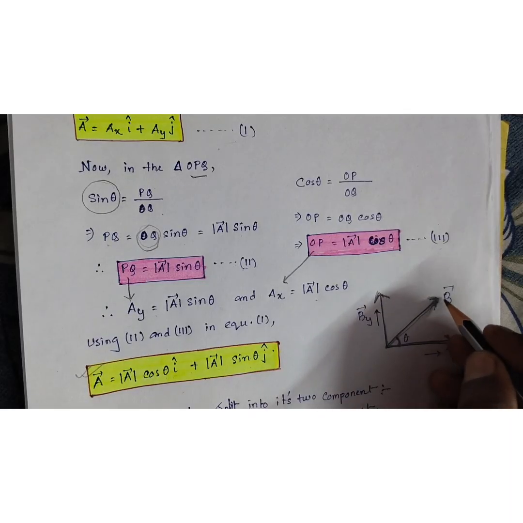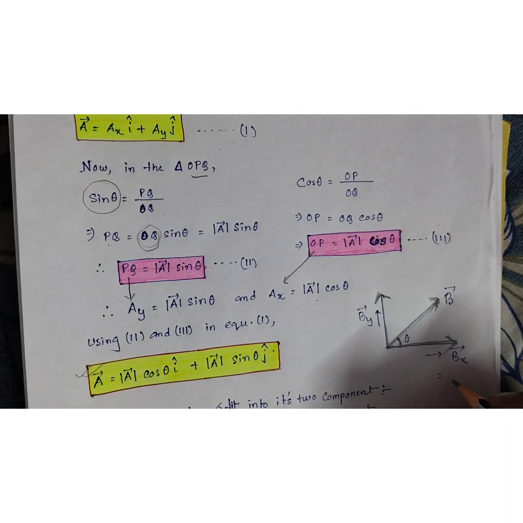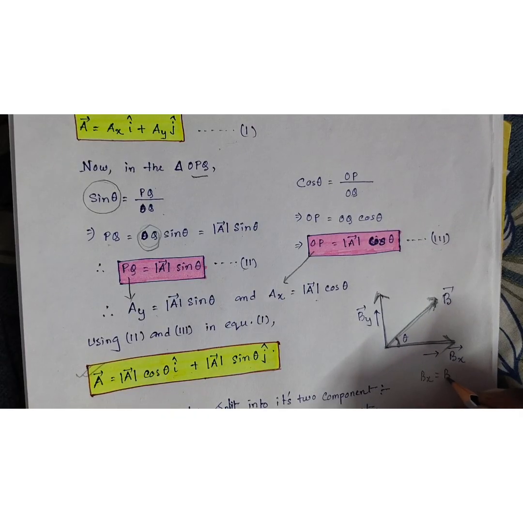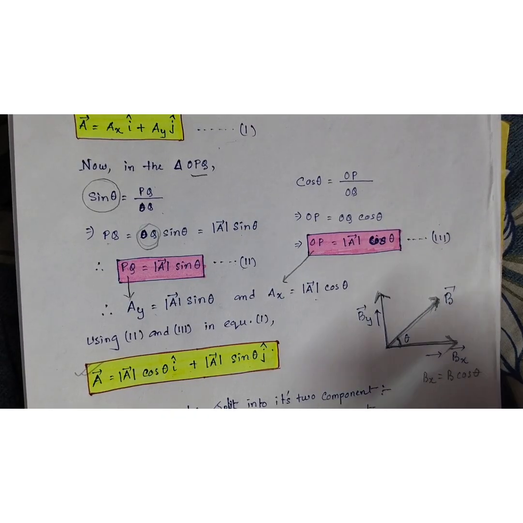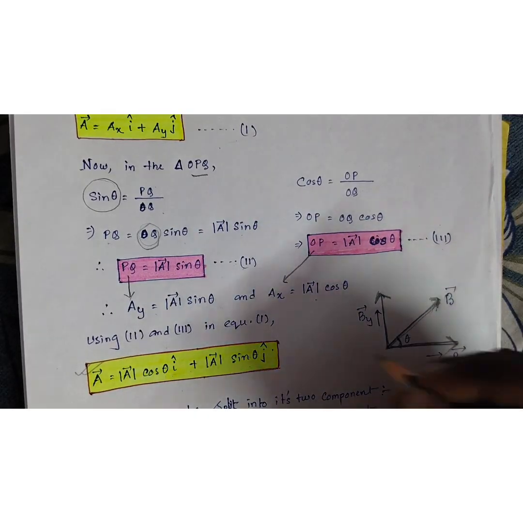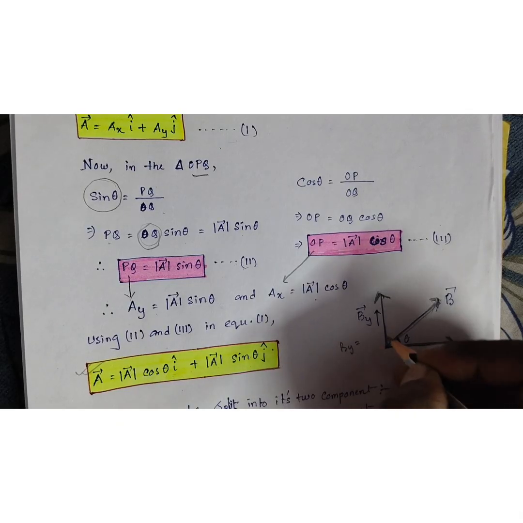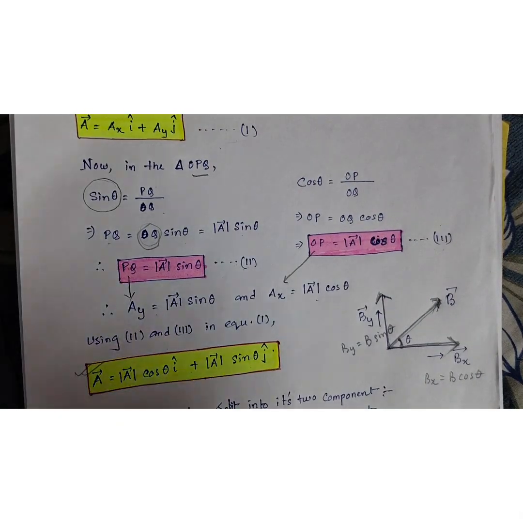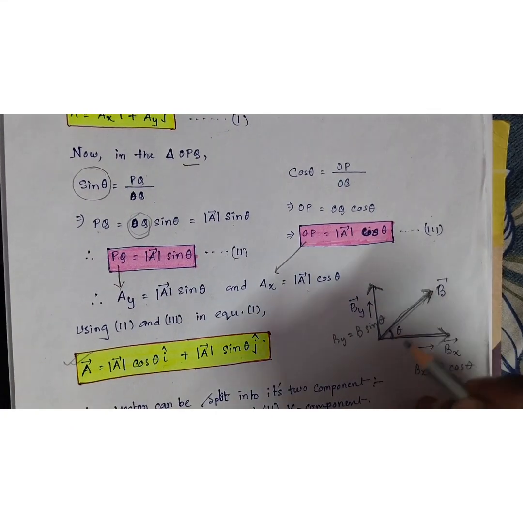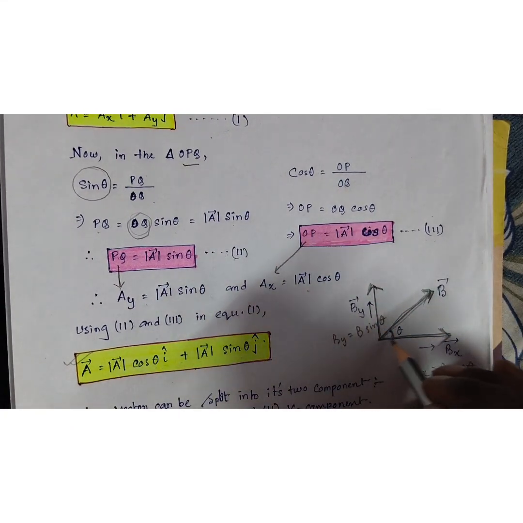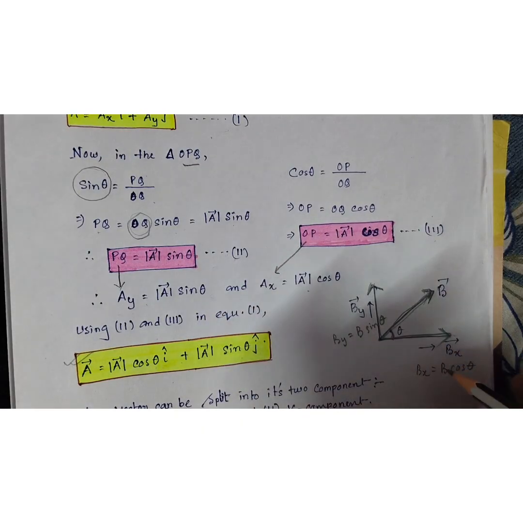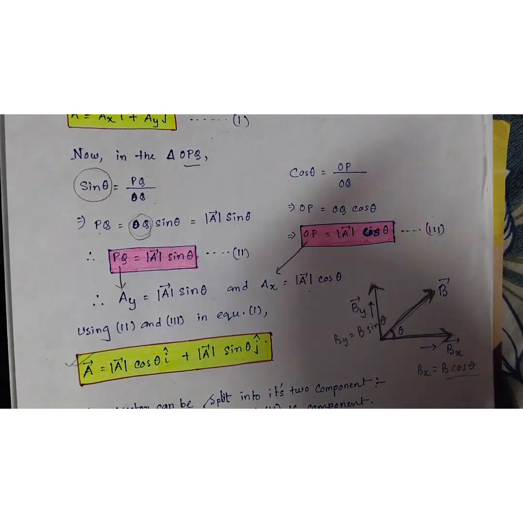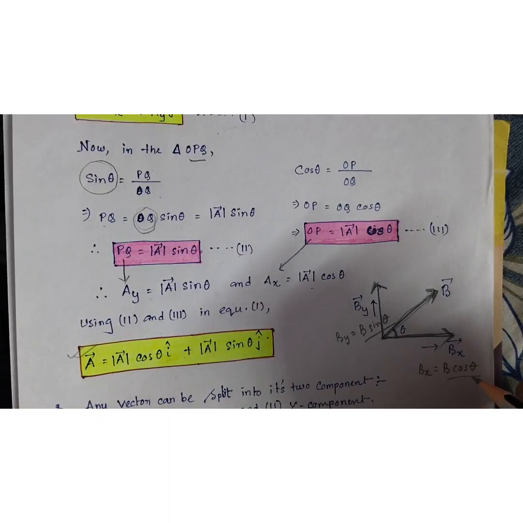So let's say this is B, then Bx can be written as B cos theta, and By can be written as B sin theta. Any vector can be split into two components: horizontal component B cos theta and vertical component B sin theta.